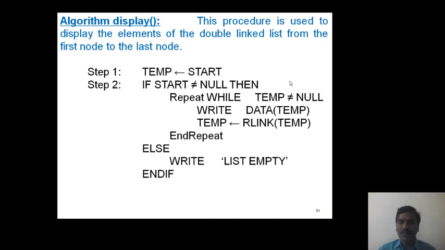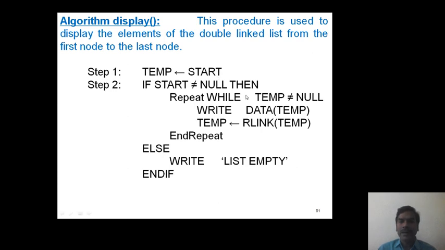Students, listen. When we apply this process, here elements are traversed in forward direction. If you are interested to traverse in backward direction, now we perform some changes like temp equivalent to end. That means temporary variable is pointed at end node of the list.